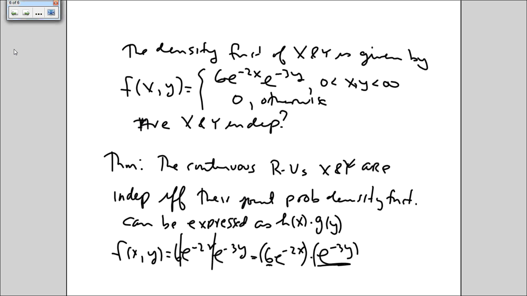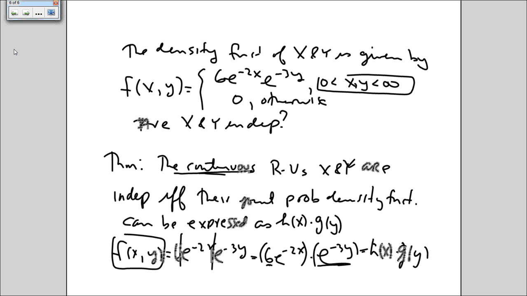I could have put the 6 anywhere. So I was able to write the joint probability density function as a function of x times a function of y. But that's not enough. The random variables have to be continuous. Well, yeah, they're continuous. So the answer is a quick yes.